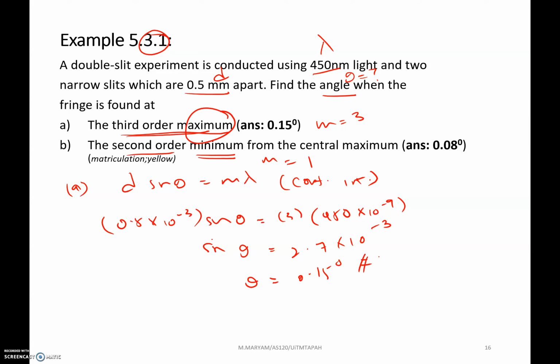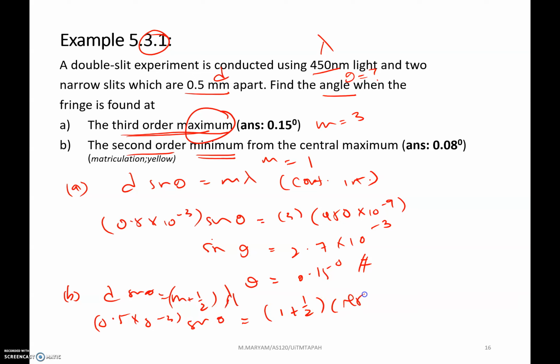Now for B, the second order minimum from the central maximum. Minimum means we have to use the destructive interference equation. d sin theta is equal to (m plus half) lambda. So put in all the values. 0.5 times 10 to the power negative 3 times sin theta, theta is the one that we need to find. Your m just now was 1, so 1 plus half, times your lambda, 450 nanometer.